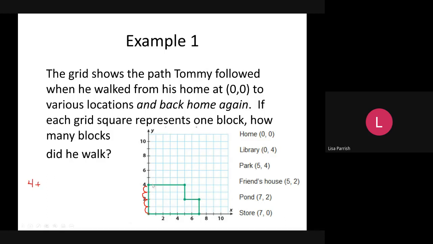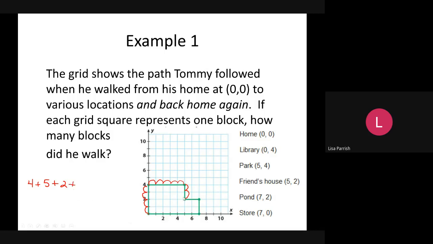Then from the library to the park, he walked 1, 2, 3, 4, 5 blocks. From the park to his friend's house, 1, 2 blocks.